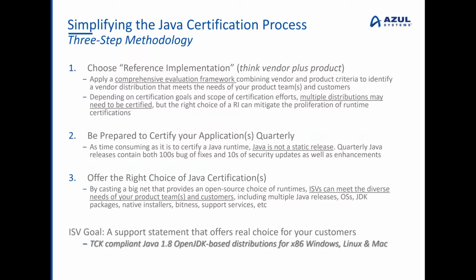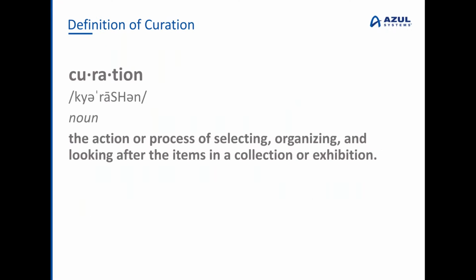Ideally, you would like to come up with a broad statement, such as a TCK compliant Java 1.8 OpenJDK distribution for x86 Windows, Linux, and Mac. With a statement like that, if you pick the right reference implementation and do the right set of certifications, taking the right approach, you can be fairly broad in your approach. And I think that's a key approach here that you can take.